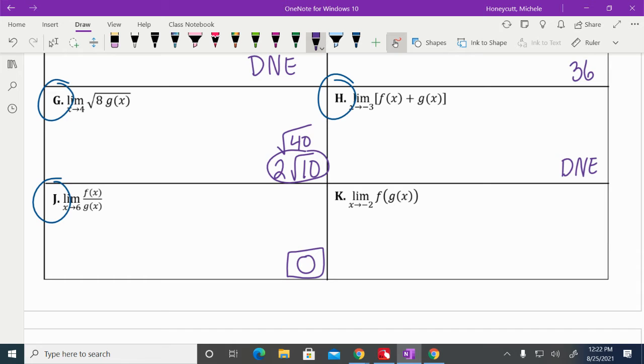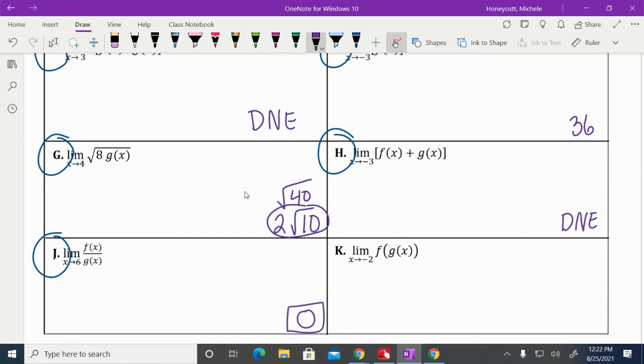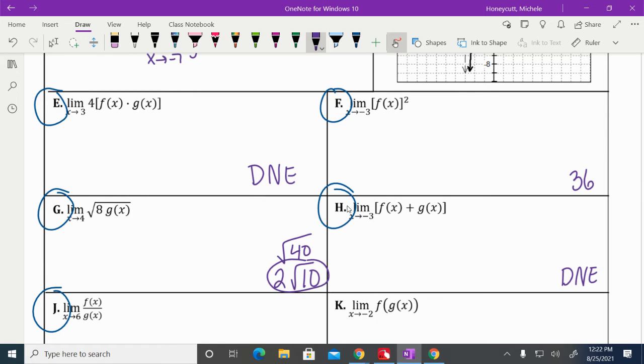So how did it go? Good. Are there any of these you want to work out? I want everything but G, okay. So let's talk about G. G is a combination of that coefficient rule and the square root rule. The root rule is rule number 9 on the front page. It says if I'm going to take the limit of the square root, then I can pull the square root up to the front. Whatever I get the limit to be, take the square root of it.